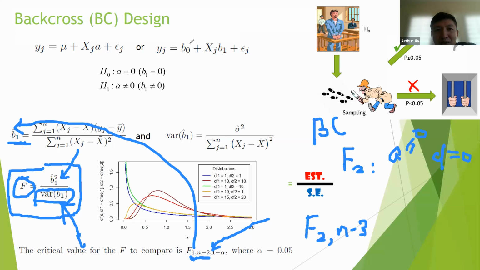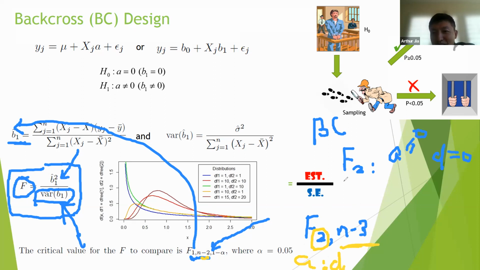Why n-3? Can anyone tell me why n-3 rather than n-2 here? It's because you're testing the additive effect, and then the dominant effect, and then the actual average. Yes. So actually, right. The 2 here means we want to test the 2 effects, right? Additive and dominance. But why n-3?